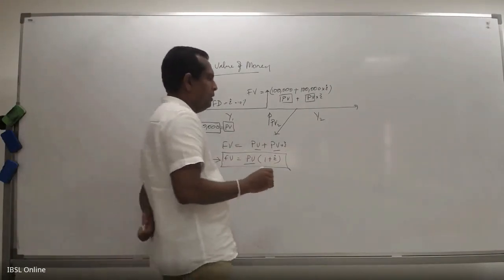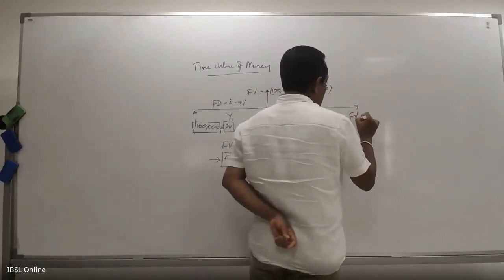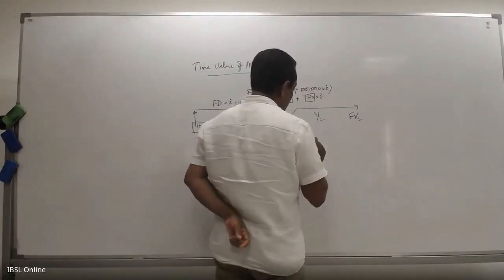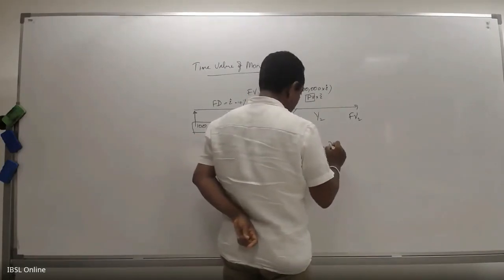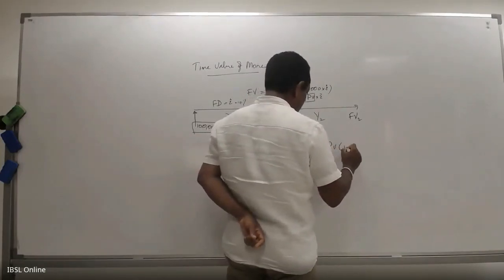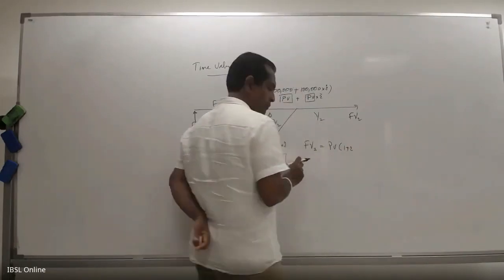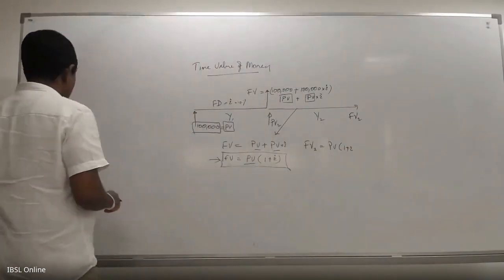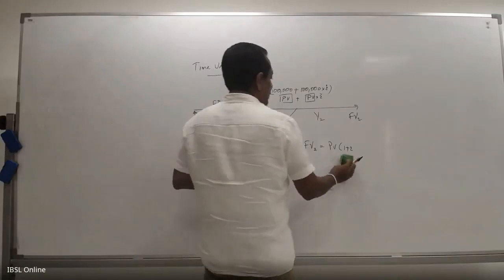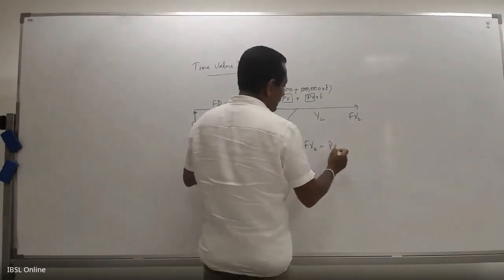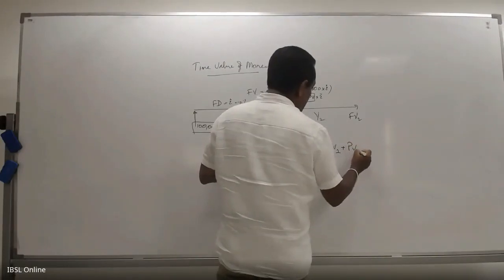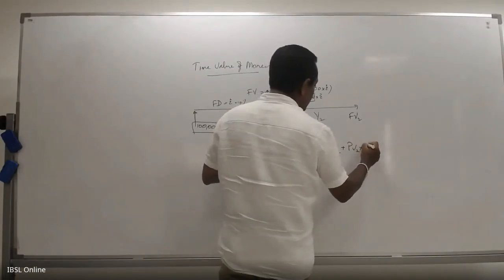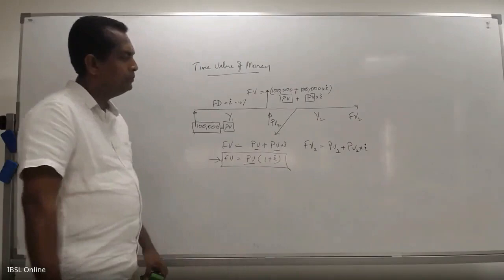Right? Future value 2 would be equal to present value 2 plus present value 2 into I. Same interest rate we assume.